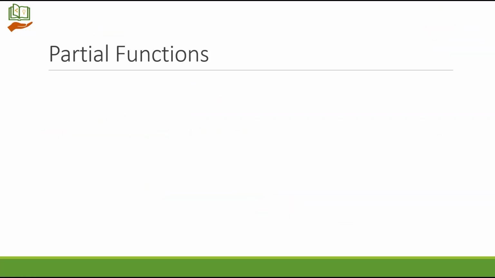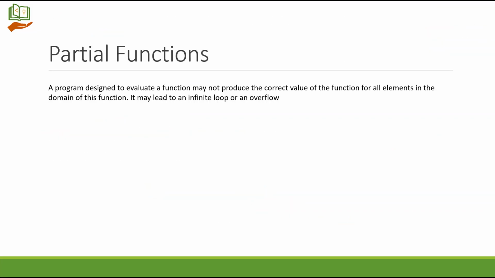Now we'll get on to the final topic, partial functions. A program designed to evaluate a function may not produce the correct value of the function for all elements in the domain of this function. It may lead to an infinite loop or an overflow, we can say.